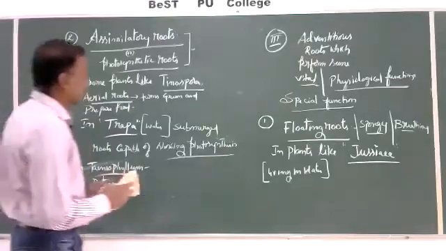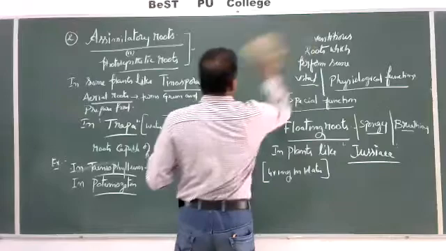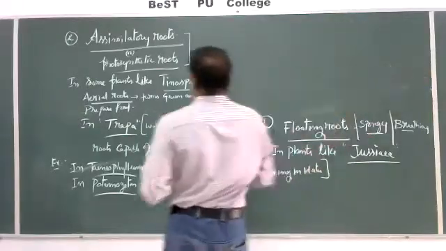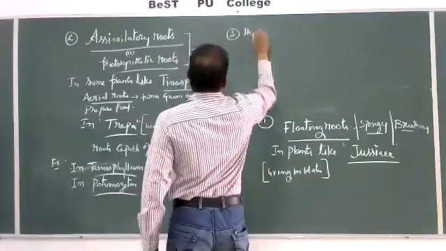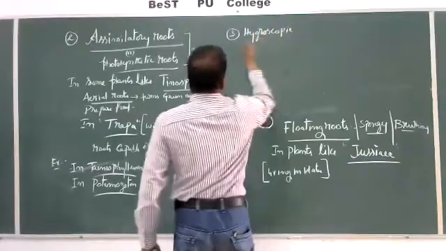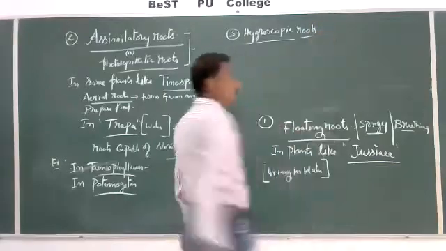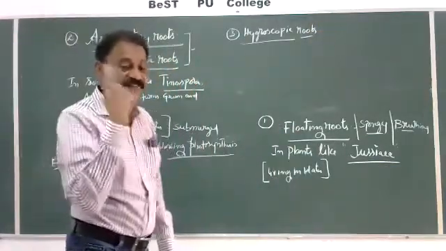Photosynthetic roots are assimilatory roots. Floating roots and hygroscopic roots we have seen in the previous class. Hygroscopic roots are the roots which absorb moisture from the atmosphere in the case of epiphytes.